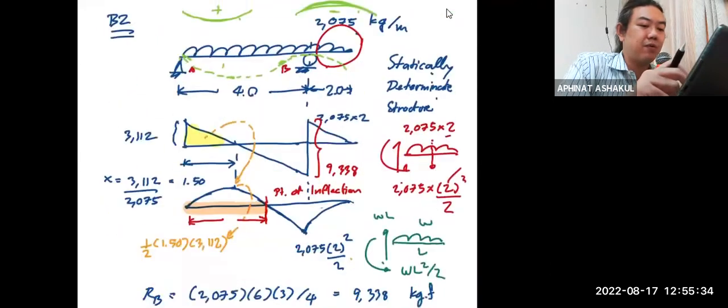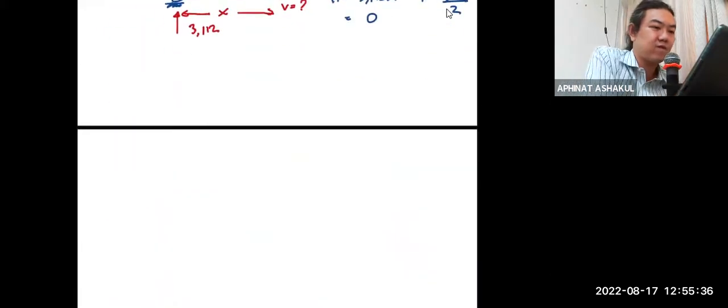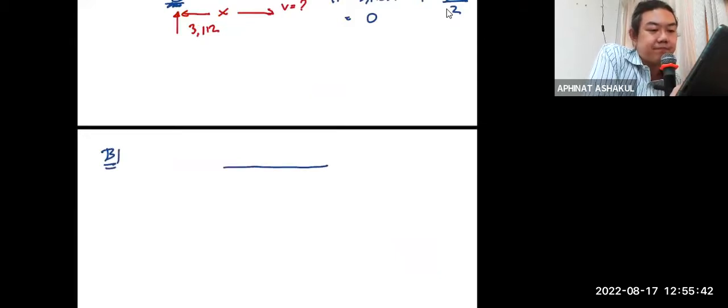So let's take a look at B1. We have a typical B1 without a cantilever portion that looks like that, and then we have the B1 with a bit of a cantilever portion.